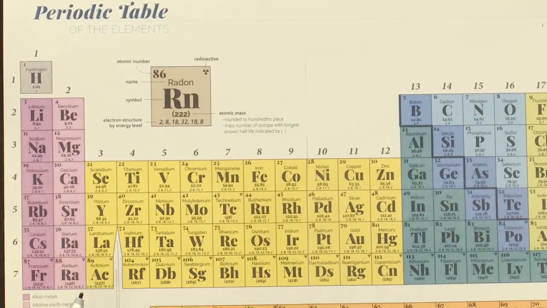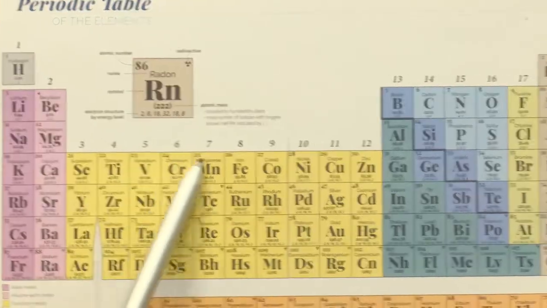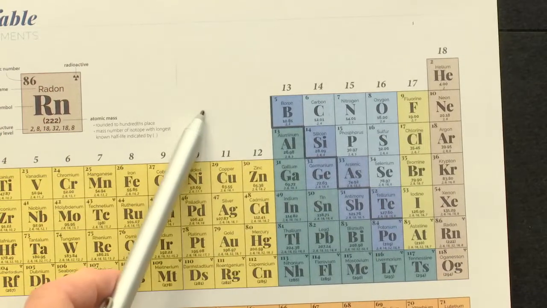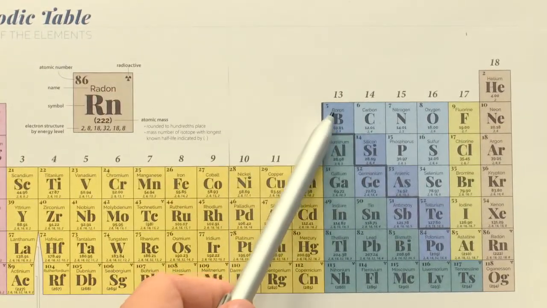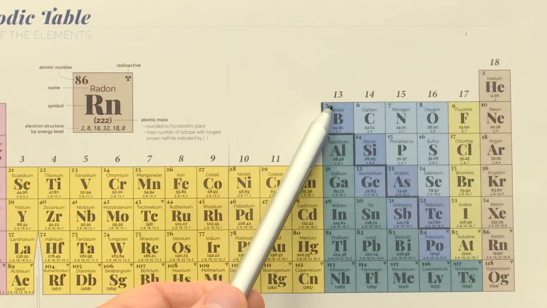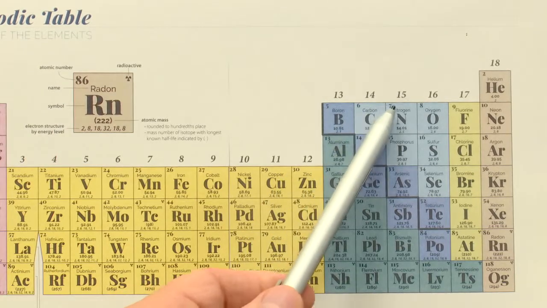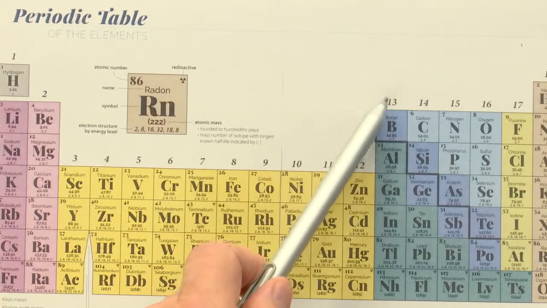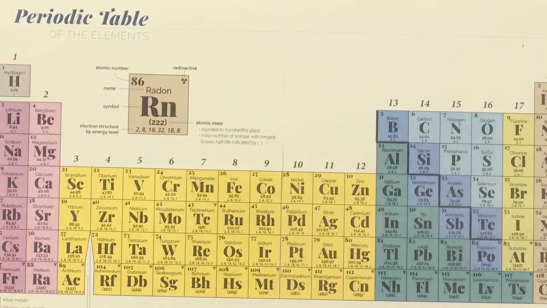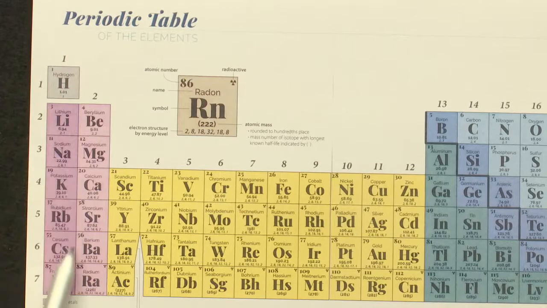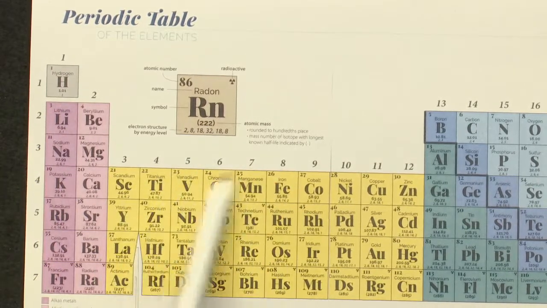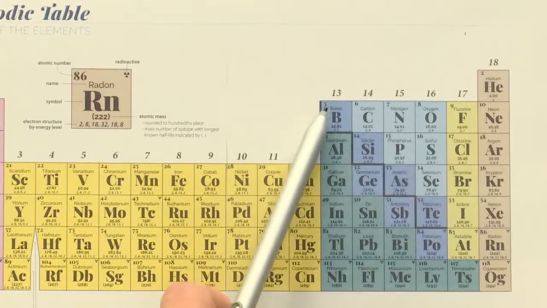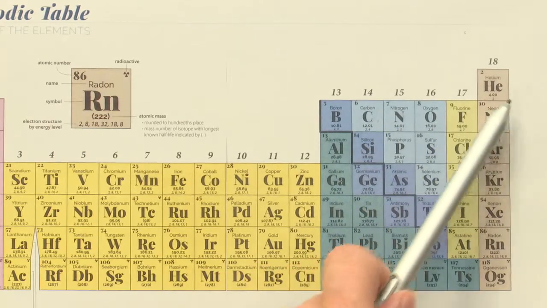But the IUPAC is, as you see here, 1 through 18. So my 3A is now group 13, and 4A, 5A. Basically, if you take 10 away from this number, you know how many valence electrons. 1 valence electron, 2, these are not, they're inner, they're transition, 3, 4, 5, 6, 7, 8.